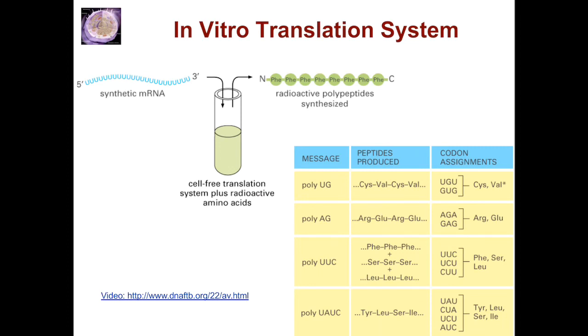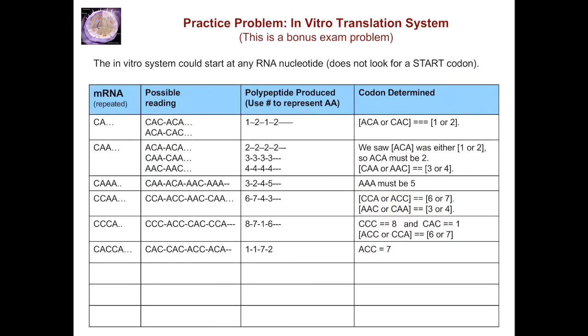So I have a little practice problem here for you to take a look at. So if you try this and it really doesn't make sense to you, don't worry about it. But just think of it, when they did the in vitro translation system, it was pretty much a big puzzle.